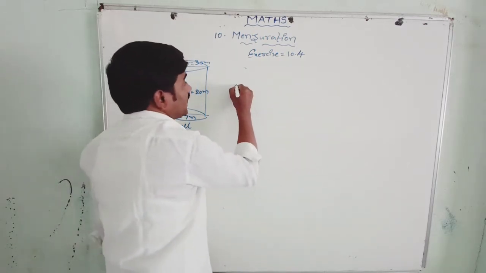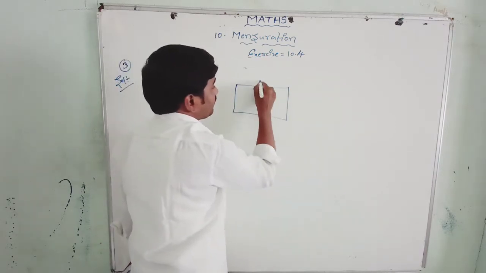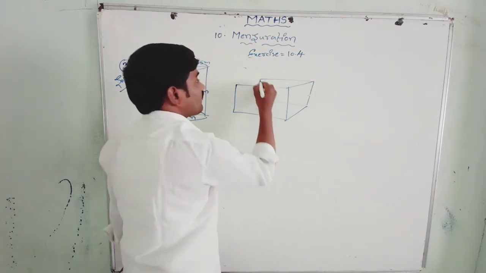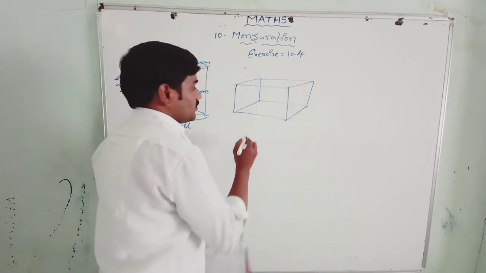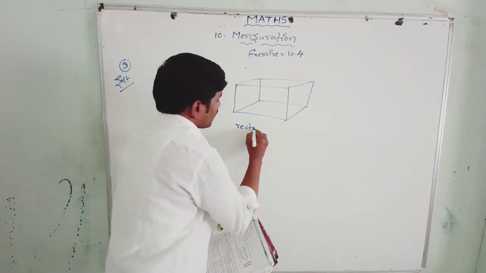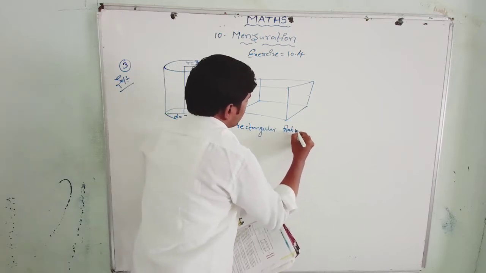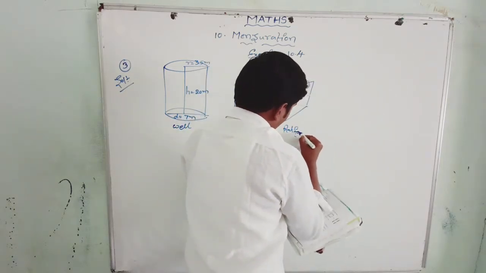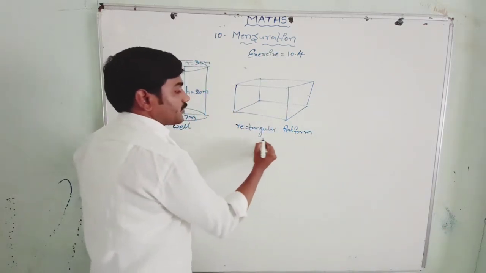So the earth which we have taken out from this is spread in the form of a rectangular platform. A rectangular platform. So nothing but a cuboid it is.